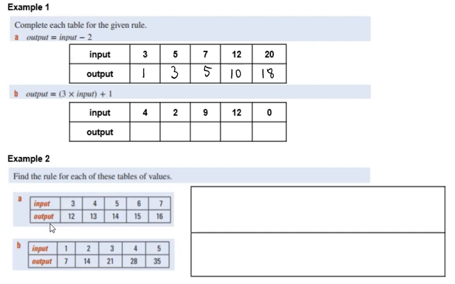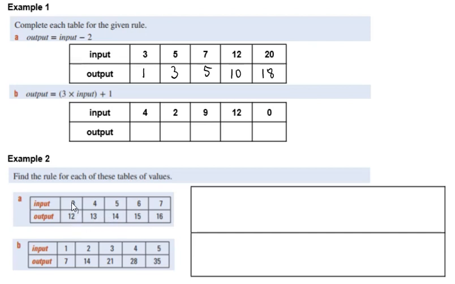In this first set of boxes, I want you to focus on the difference between the input and the output numbers. So we've got 3 and 12, 4 and 13, 5 and 14, 6 and 15, 7 and 16.